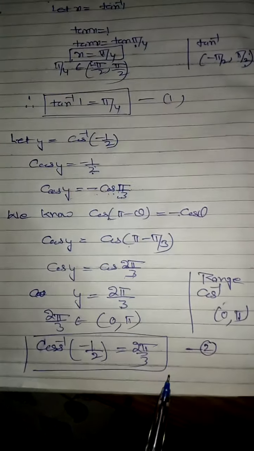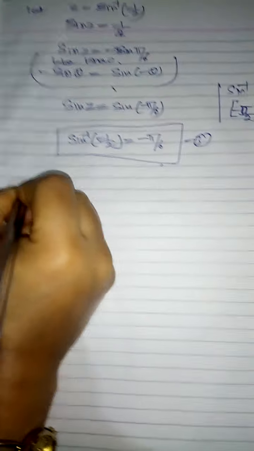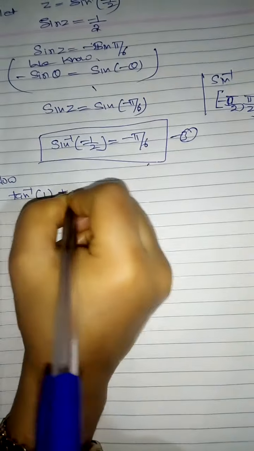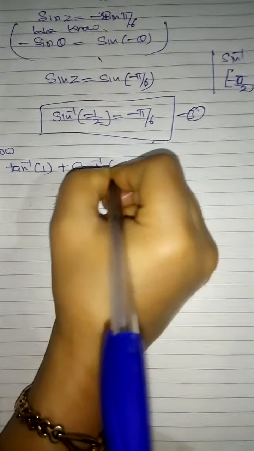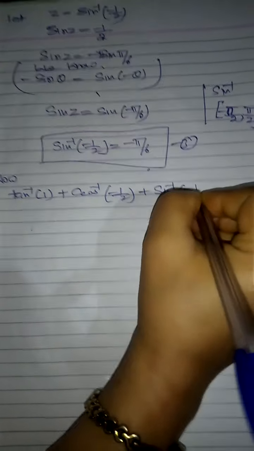Now put all these three equations, equation 1, equation 2 and equation 3, into this expression: tan inverse 1 plus cos inverse minus 1 by 2 plus sine inverse minus 1 by 2.